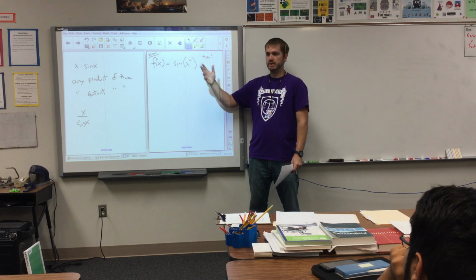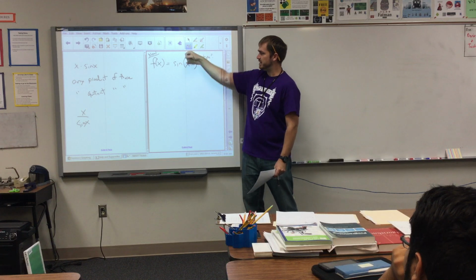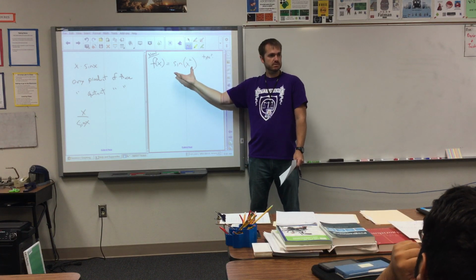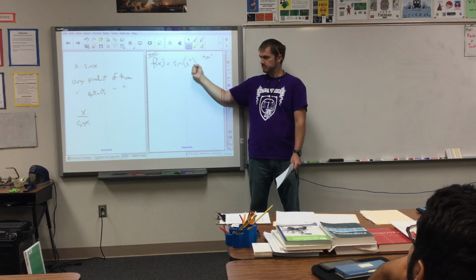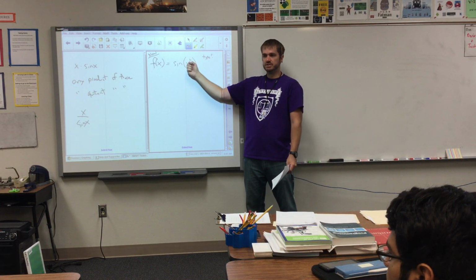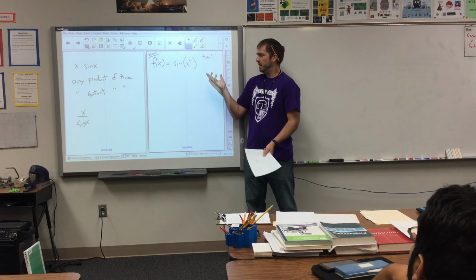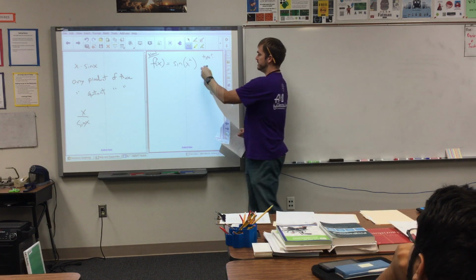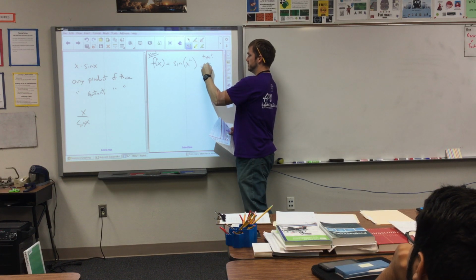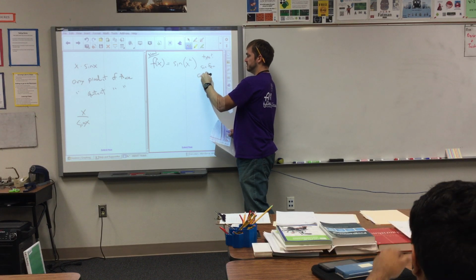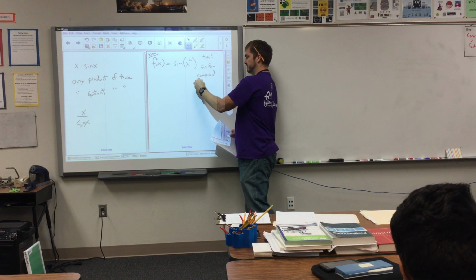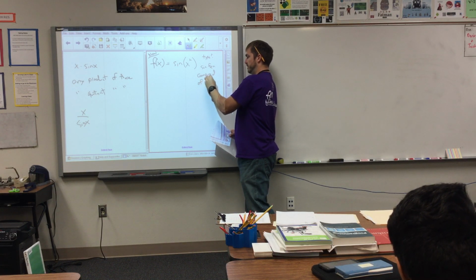When you get x, you square it, but then that number gets fed into the sine function. Would you all agree with that? Do you understand when I say outer and inner function? Outer function is sine, the inner function is x squared. So I would say that this is a sine function composed of a quadratic function.